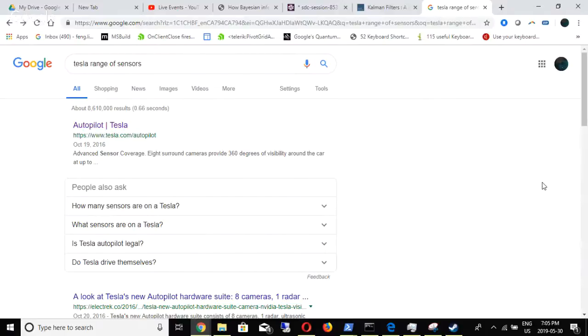LiDAR uses a laser, but the wavelength is not very long. In other words, it's not very strong. It's usually under 1500 nanometers, and generally they're around 900, as mentioned by Mercedes.